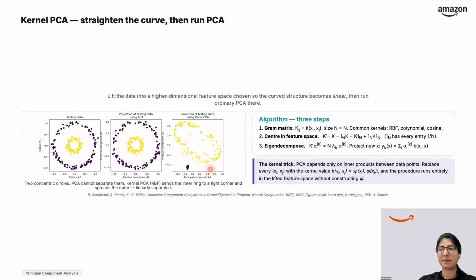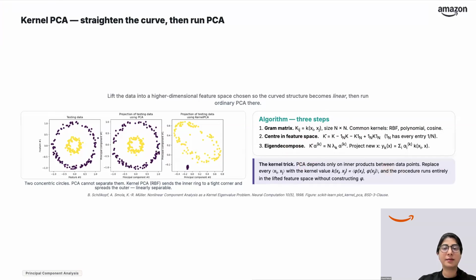And there, if you apply PCA, we'll be able to get the information back, right? So there are common kernels used in the literature, such as RBF, polynomial, and cosine kernels. Basically you apply this kernel, then center the data and do the eigen decomposition on this kernel.